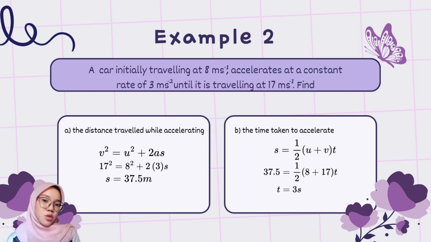We substitute the information, which is 37.5 equal to 1 over 2 times 8 plus 17 times t, and we will get the time taken to accelerate, which is t is 3 seconds.